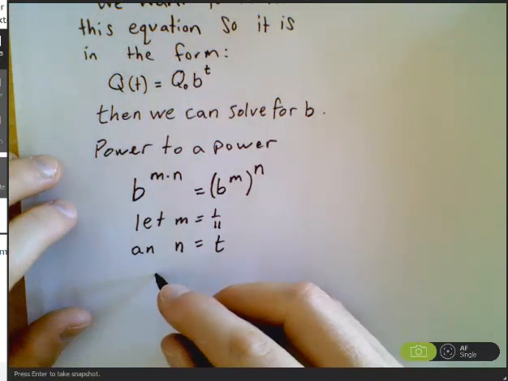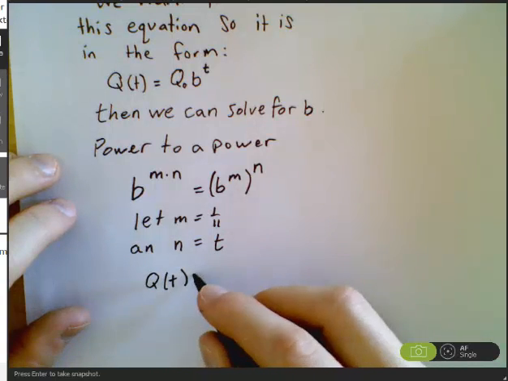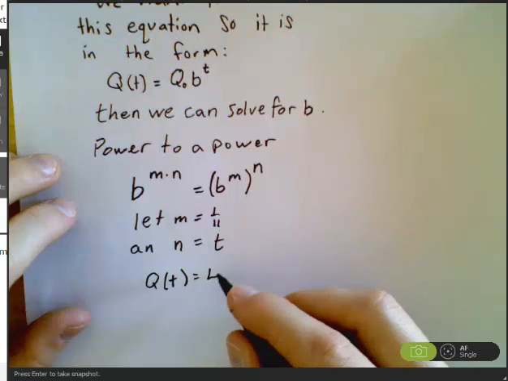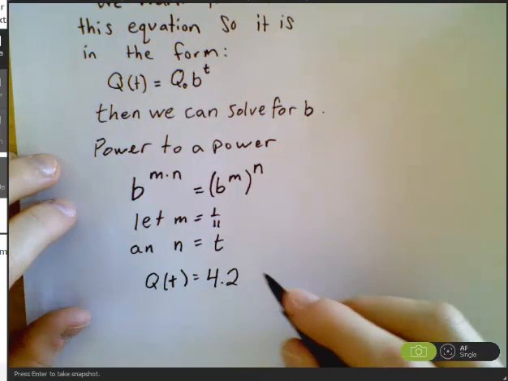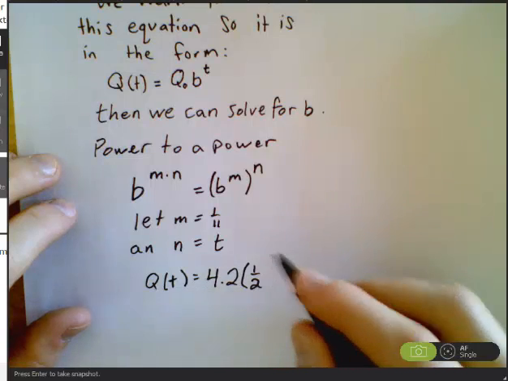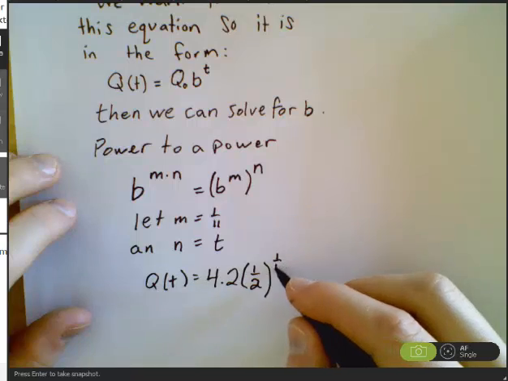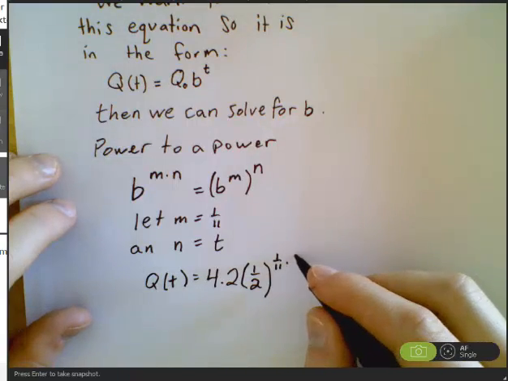q of t is equal to 4.2 times 1 over 2 raised to the 1 over 11 times t.